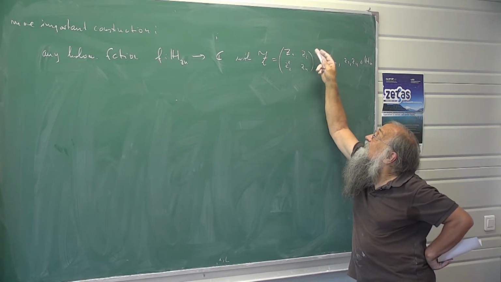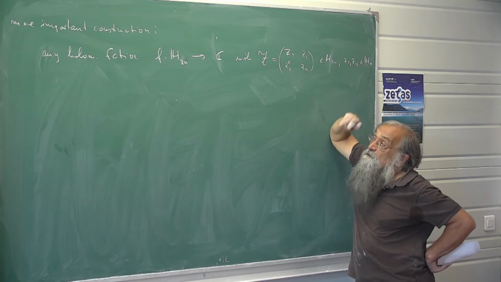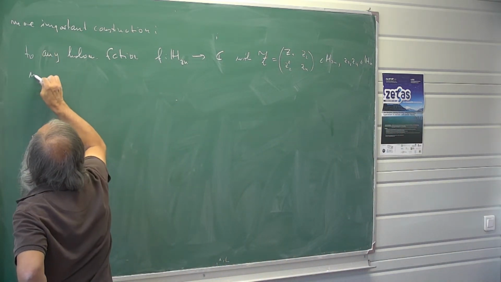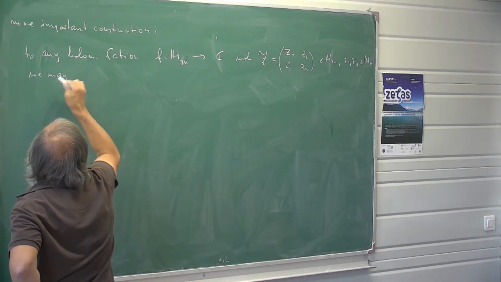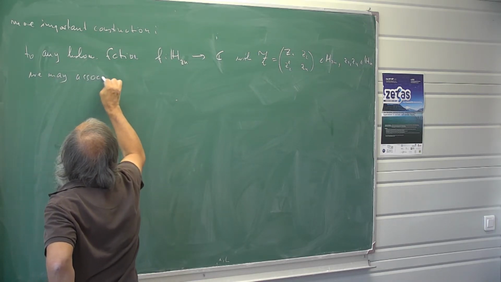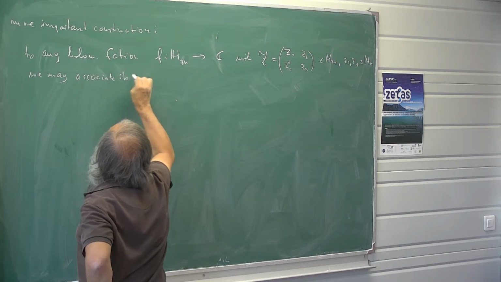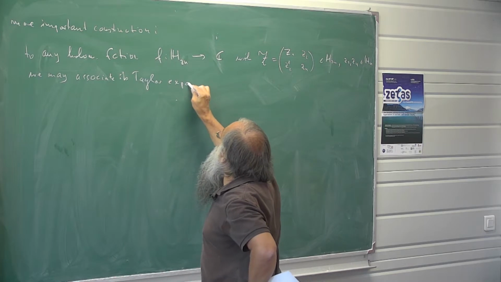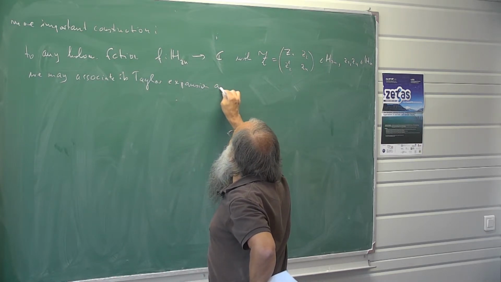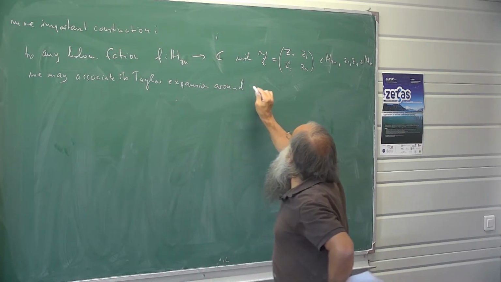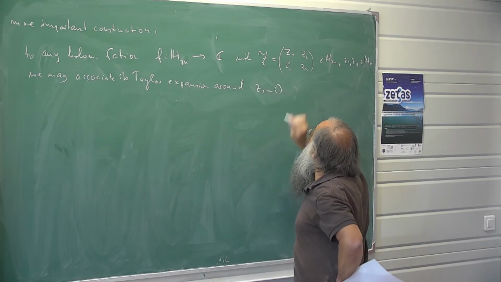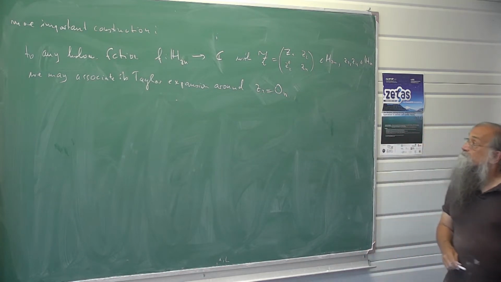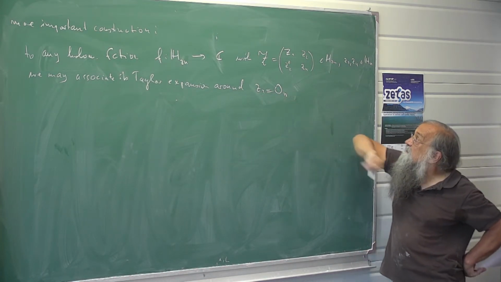You can use a Taylor expansion around Z2 equal to any value. This is an n by n matrix here.